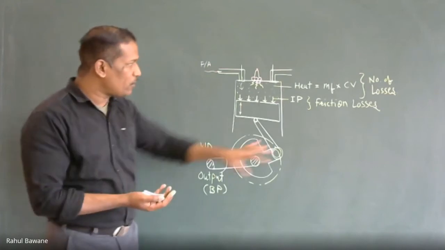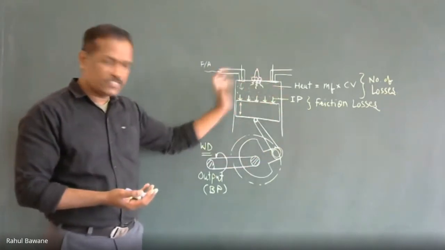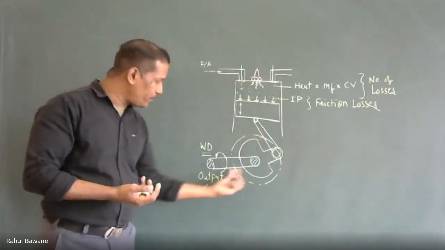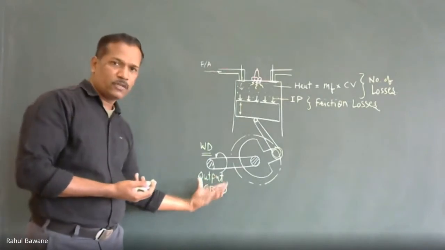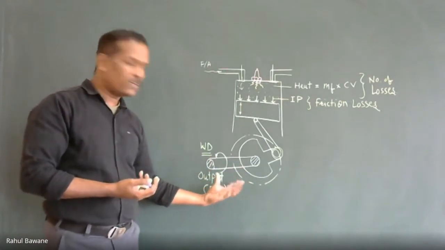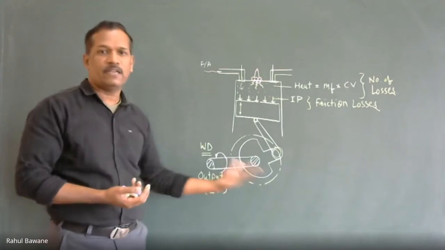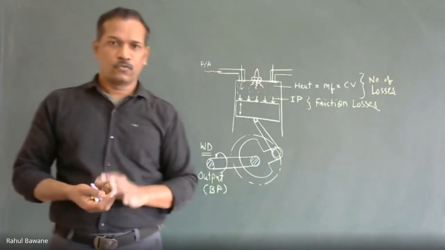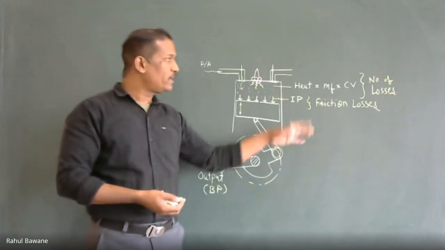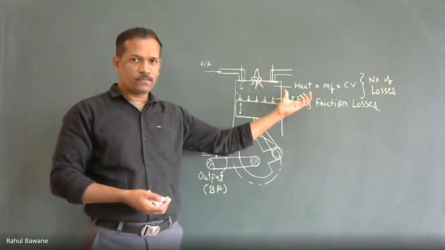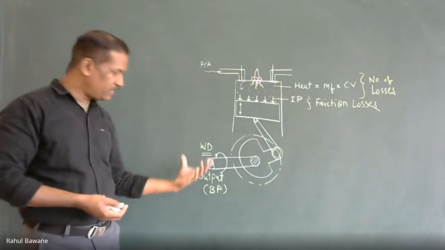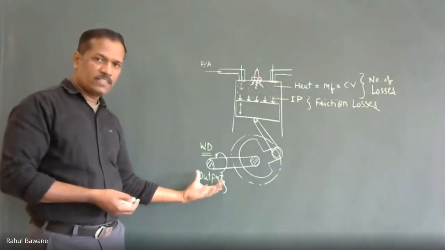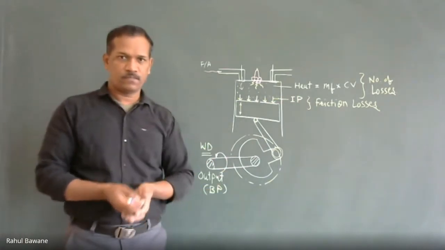And the portion of this heat energy which actually gets converted into output is known as available energy. So we are talking about total energy generated, then available energy, then unavailable energy.